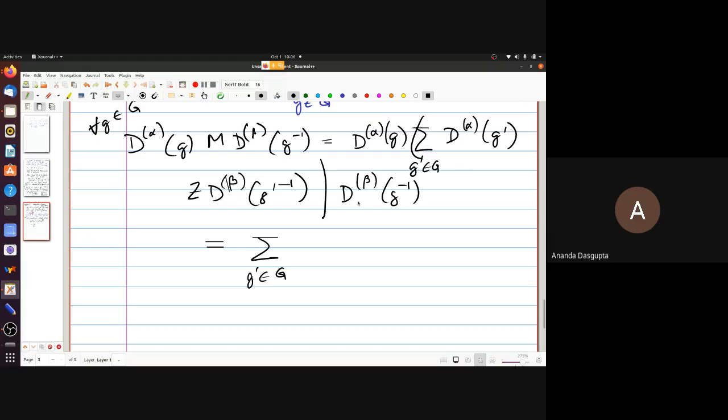This is exactly why finiteness, and later for infinite groups compactness, becomes important. This step is what fails for non-compact groups in general. So what we get is d alpha g prime, z, and d beta, which will have an argument g prime inverse g inverse. I'm using the fact, of course, that these are representations.